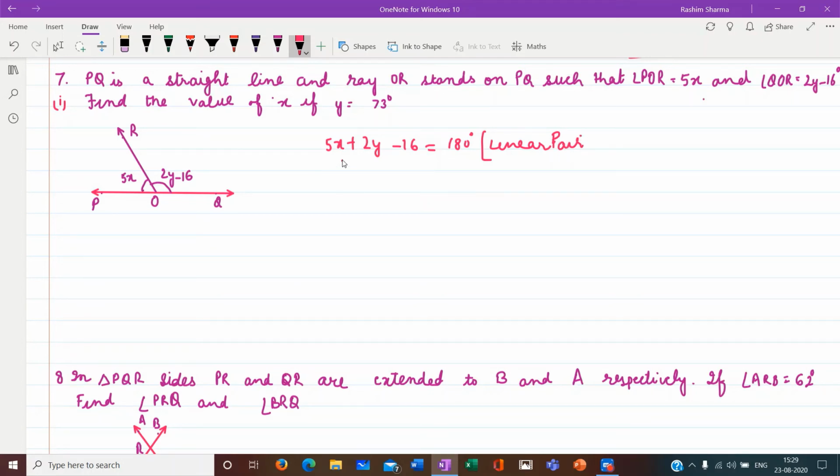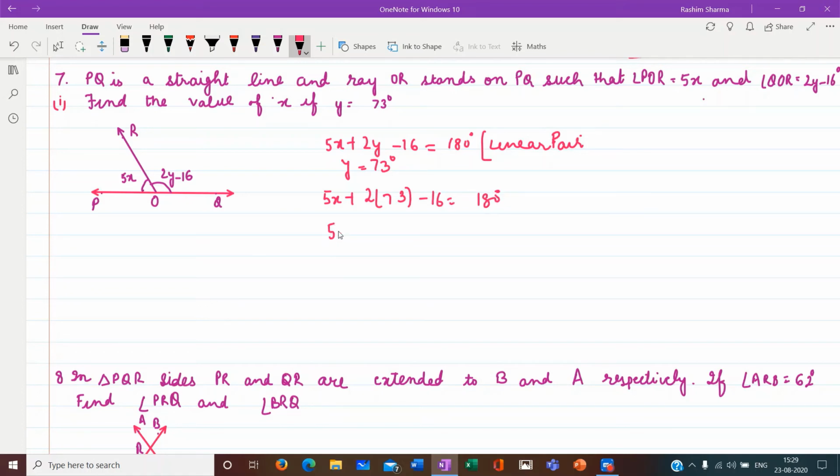Now we have to put the value of y is equal to 73 degree. So we will write it as 5x plus 2 into 73 minus 16 is equal to 180 degree.